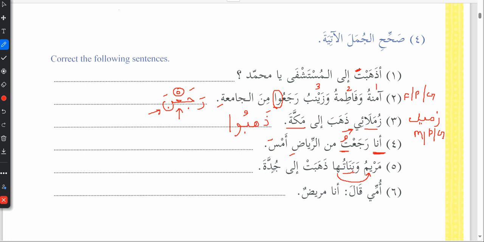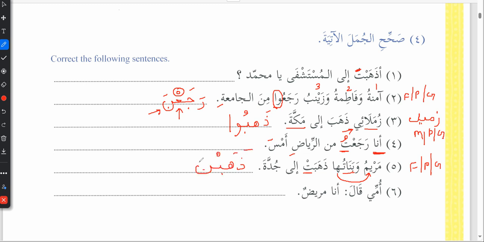So dhahabat, are we going to use for singular feminine? No. Maryam and banat. So it's plural feminine, plural, and ghaib. So what damir are you going to use? Same. Dhahabna. With the ba sukoon, dhahabna.